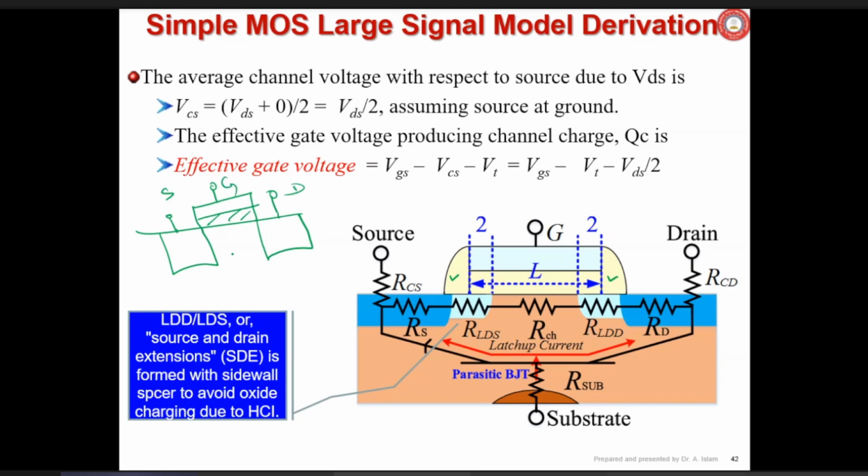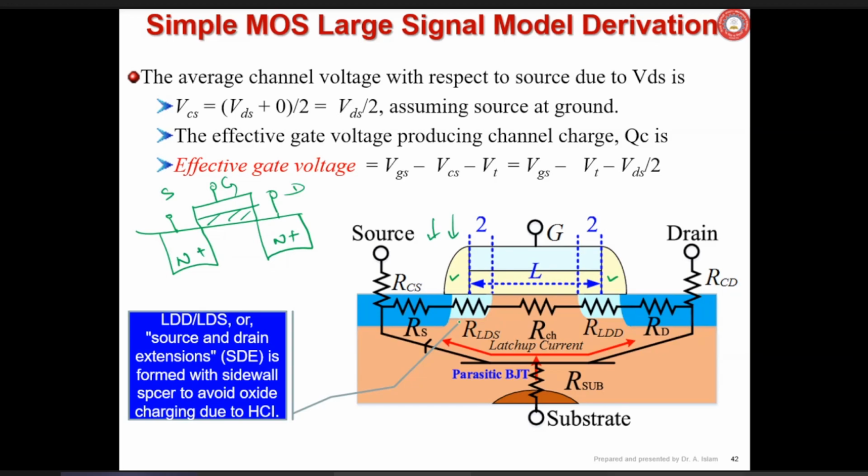Drain, gate, right? N plus, N plus. Now here a sidewall spacer has been used, and when ions are implanted from the top, the sidewall spacer, which is a kind of insulator, is thick, so the pentavalent ions cannot all penetrate.